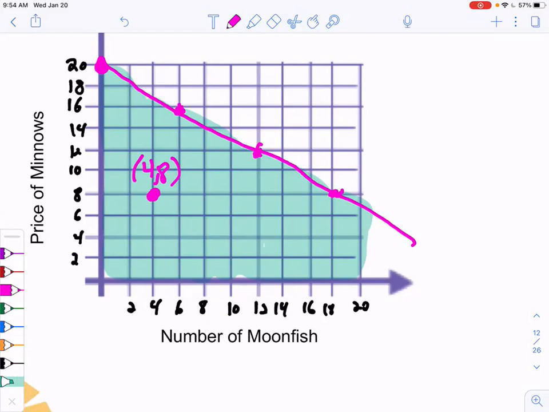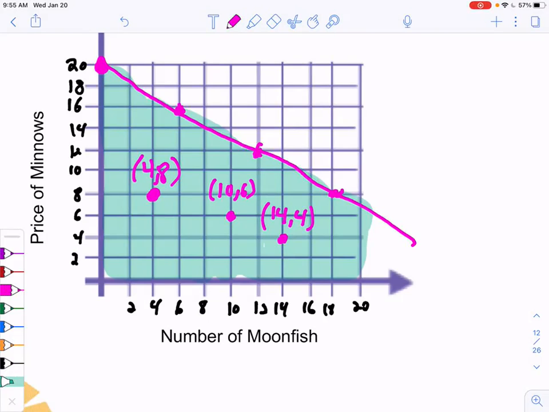Hey, give me another point. 14, 4, 100%. 14, 4. TJ, give me another solution. 10, 6, perfect. And what do these numbers represent? How would you say this if you were going to tell somebody what you could buy?